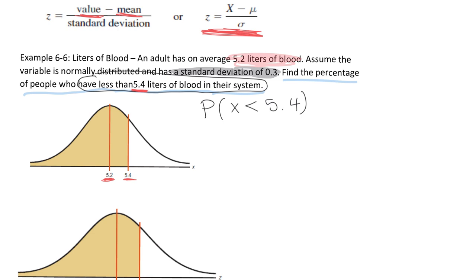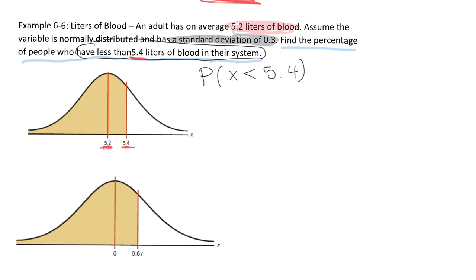So what we're able to do is transform our specific data into our normal distribution here. And we can do this with all data that is normally distributed: we can turn our average into 0, and we can turn our 5.4 into a z-score.